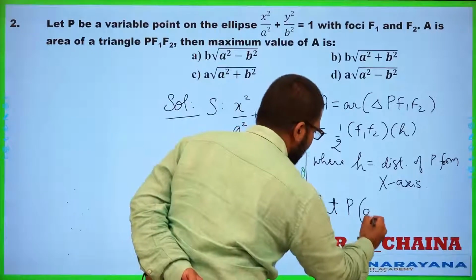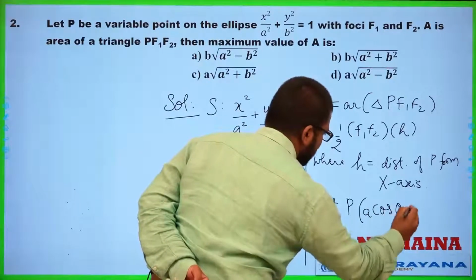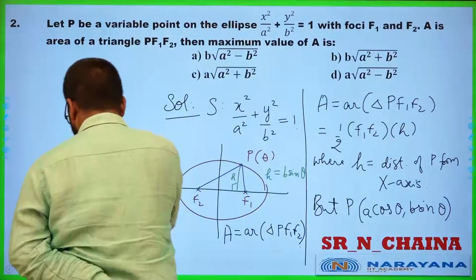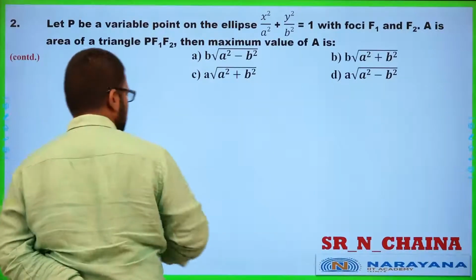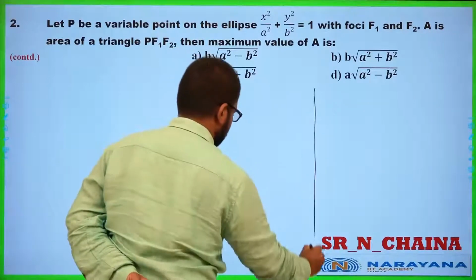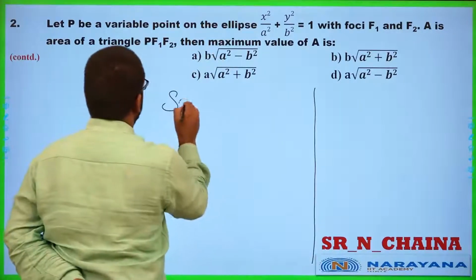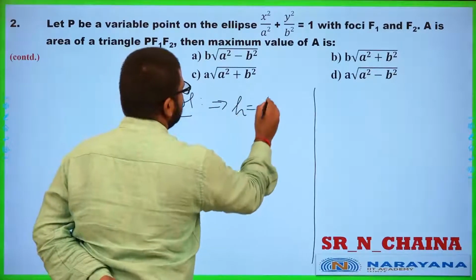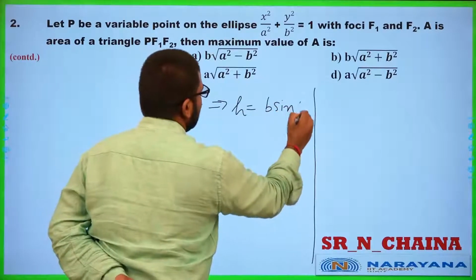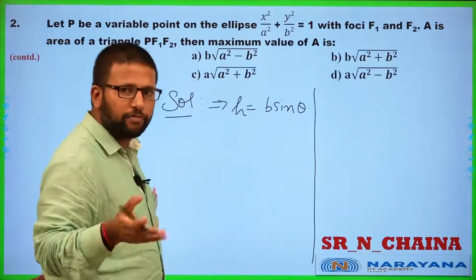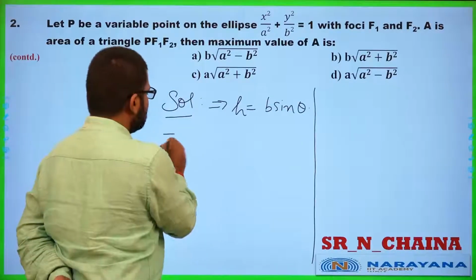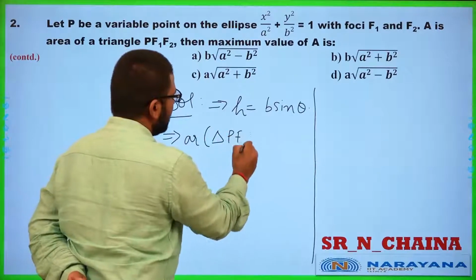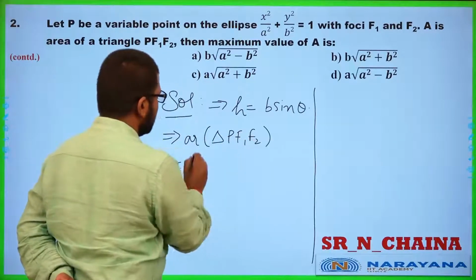But P is (a cos theta, b sin theta), which means h is basically b sin theta itself, correct? The y coordinate of P. Therefore, we will say the area of triangle PF1F2 is how much?